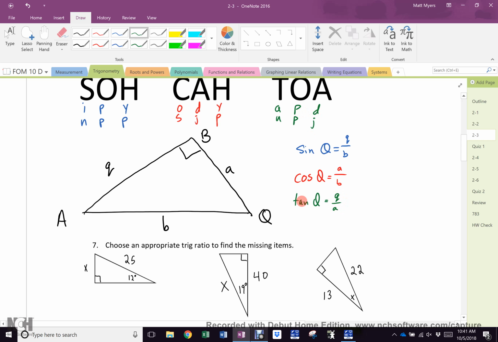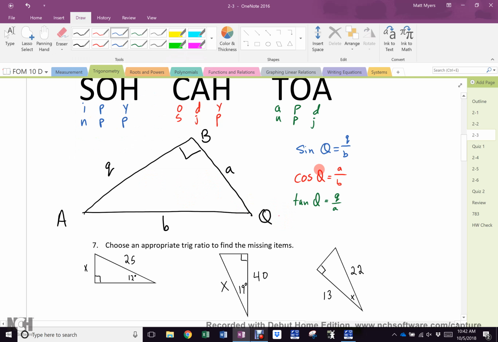How do you know what's opposite and adjacent? That is where you are standing. Since I'm dealing with Q, I was right there. So that is opposite, that is adjacent, that is hypotenuse. Now, you're intelligent young people.